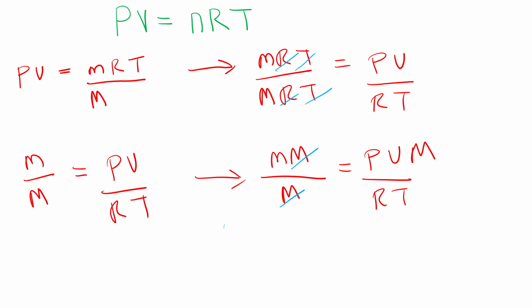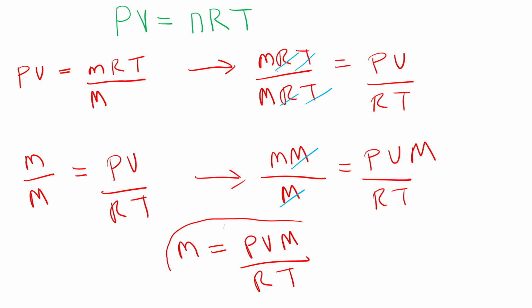That then leaves us with the mass of the sample on its own, lowercase m, on the left-hand side of the equation, is equal to pressure times the volume times the molar mass divided by the ideal gas constant times temperature. And this is the version of the ideal gas equation that we need for calculating the mass of a sample.